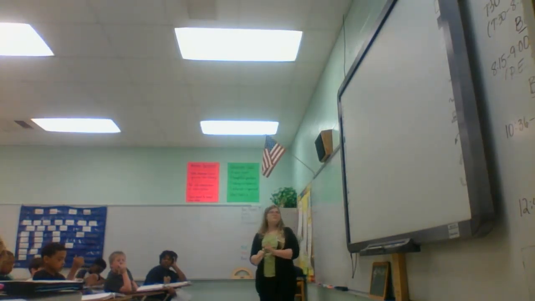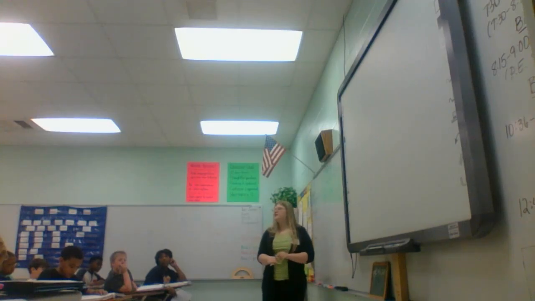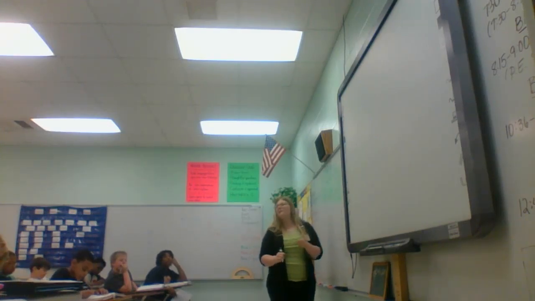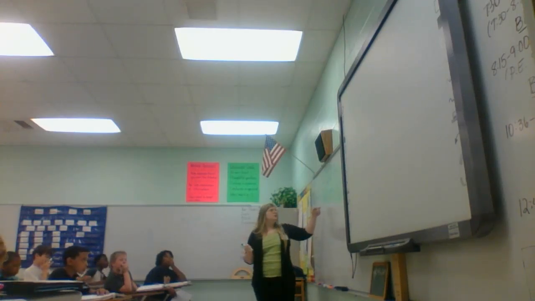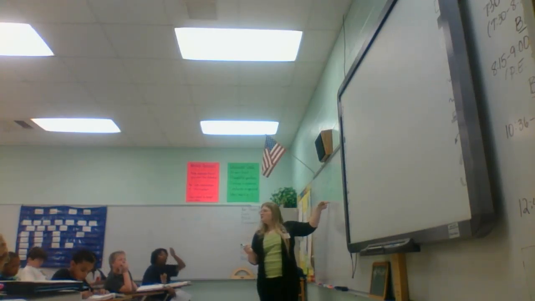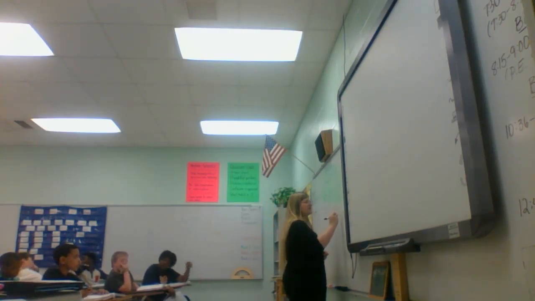So if these are representing our friends, and these are representing the total cost, what variable might we use instead of n? Dylan? If we're talking about friends and cost. Okay, you'd probably want to use something like F. That way it makes sense to the problem.